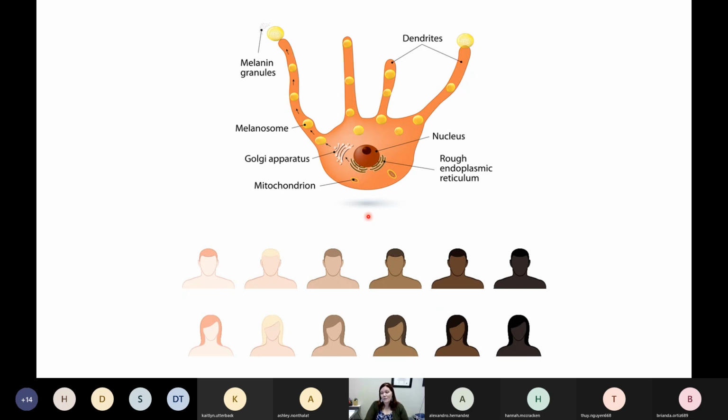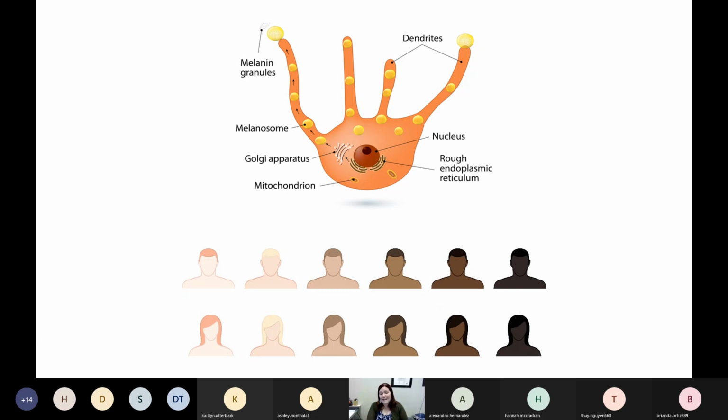It is possible that you can actually increase the amount of melanin that your skin is making. We can increase the amount of melanin that our skin is making by purposefully exposing ourselves to UV radiation. The normal person word for what we're doing when we purposefully expose ourselves to UV radiation is tanning.